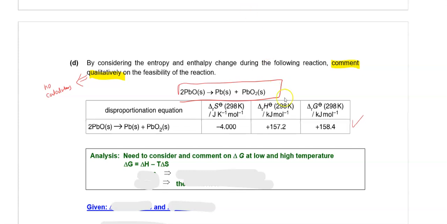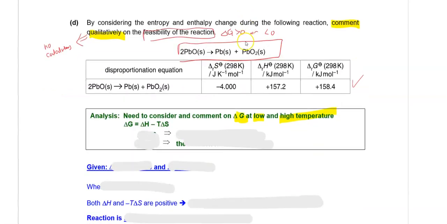So basically, we are supposed to comment on the entropy and enthalpy change on the feasibility of the reaction. So for feasibility of reaction, basically we're looking at delta G, whether it is more than 0 or less than 0. So largely, we're considering delta G at two different scenarios, either low temperature or high temperature.